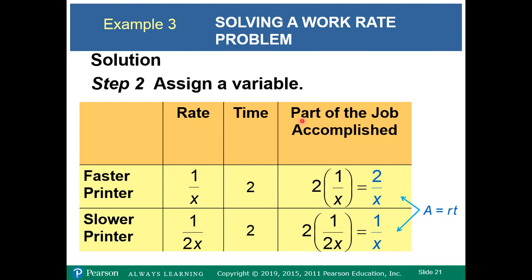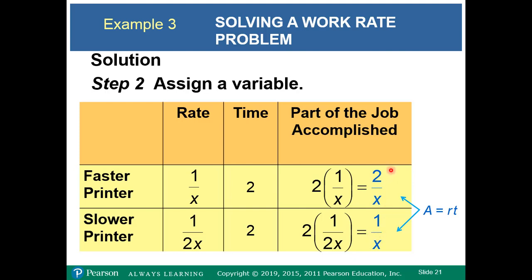What part of the job is accomplished? You multiply these together and you get 2 over x. And then the slower printer, here's the rate, here's the time. You do rate times time, and this cancels with this and you get 1 over x.